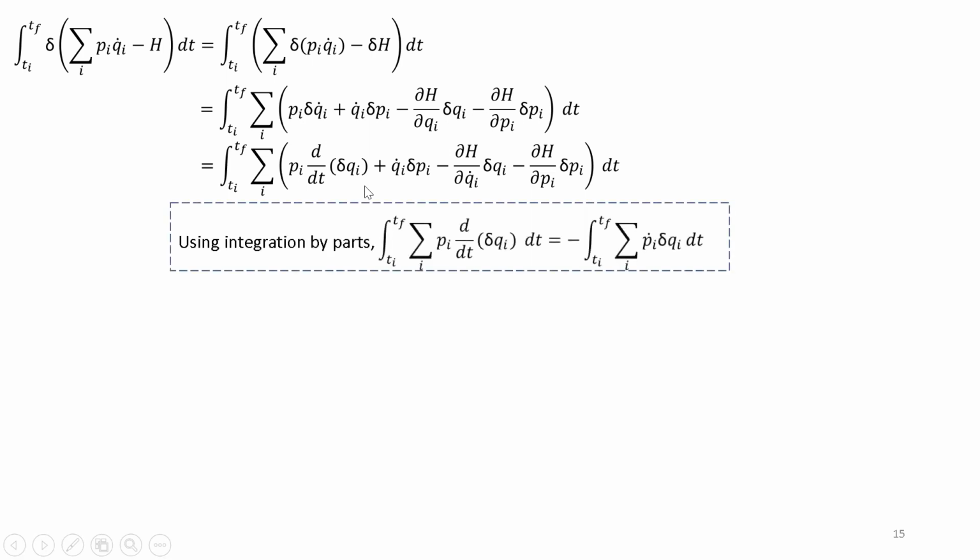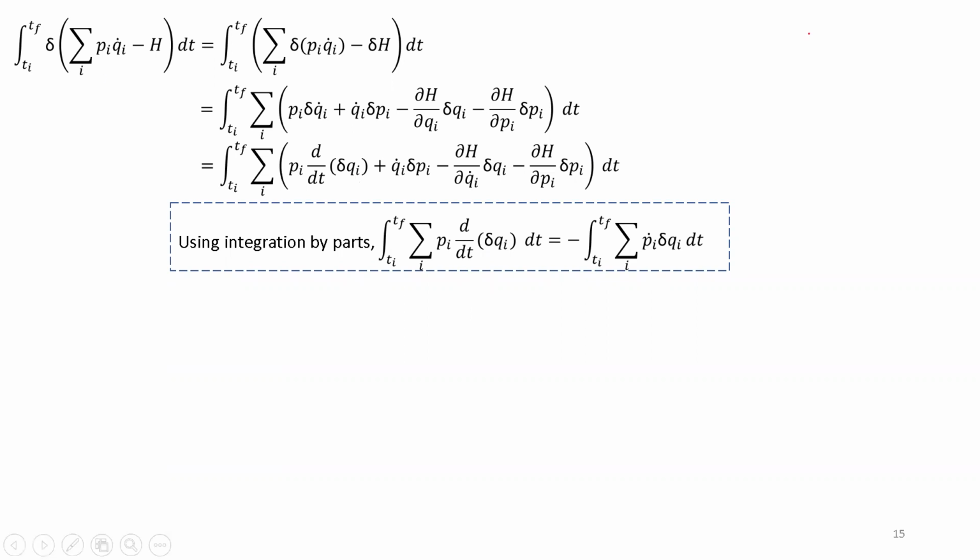Next, using integration by parts, I'm able to get rid of the d/dt in front of this delta q, and then it gives me this. For the Lagrangian, if you still remember, you might want to try this procedure by yourself first.